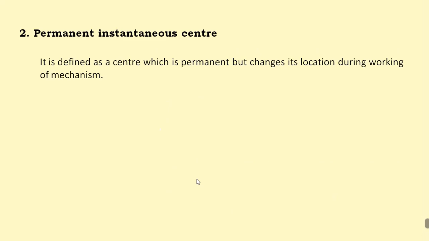Here it is defined as a center which is permanent but changes its location during the working of the mechanism. So whatever joint points we are considering as a center, those joints are permanent, but they will be changing in position. Practically, we can consider the same 4-bar mechanism here. The revolute joint between 2 and 3 is one center we can consider.